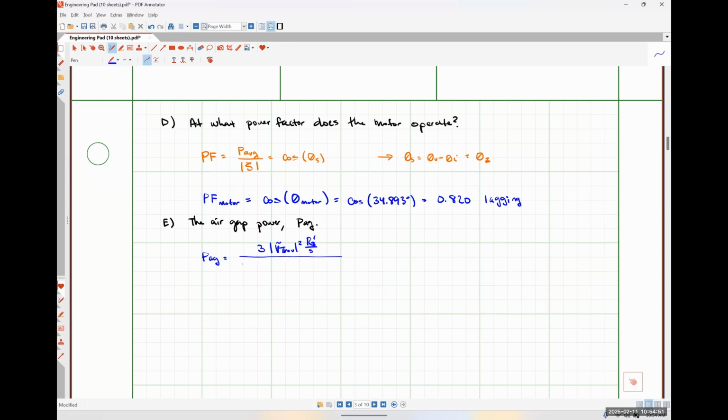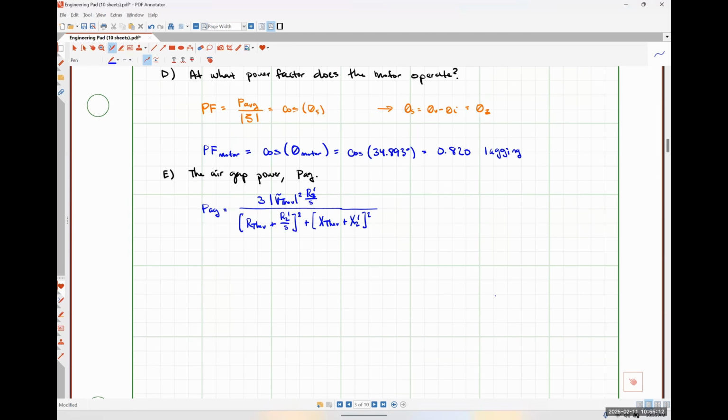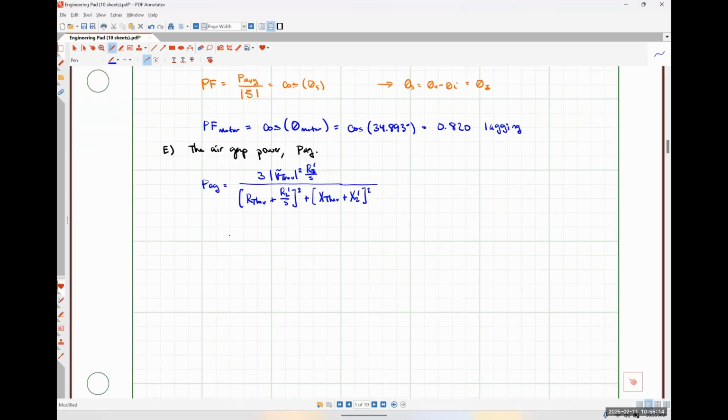all divided by R Thev plus R2 prime over S quantity squared plus X Thev plus X2 prime squared. All of these things at this point are known to us, so we can simply put in our numbers.